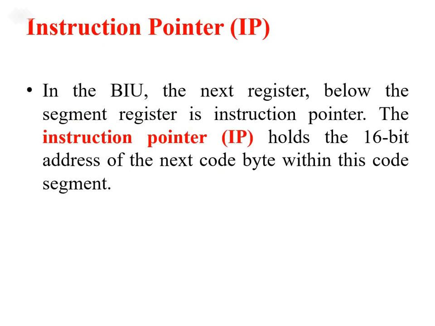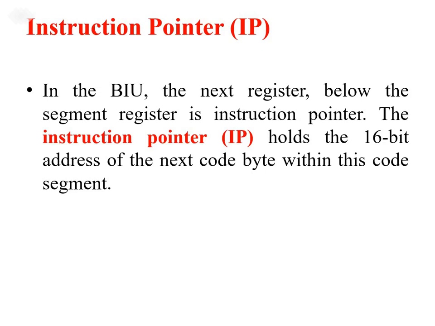Next, in the BIU we have seen the instruction pointer, which is again 16-bit, right? It holds the 16-bit address of the next code byte within this code segment. Memory is divided into 4 segments, and in the code segment we have all our assembly code.